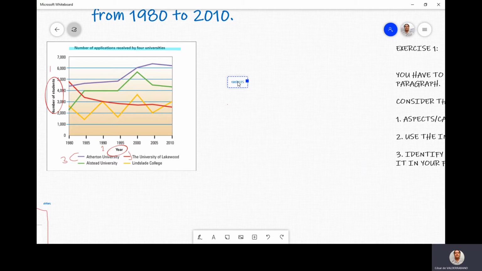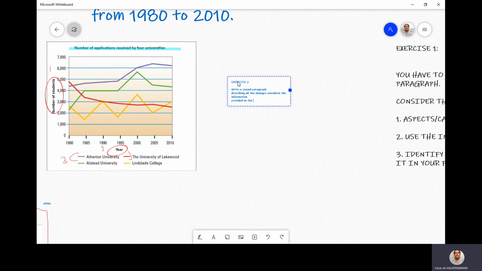Write a second paragraph describing all the changes, considering the information provided on the graph.